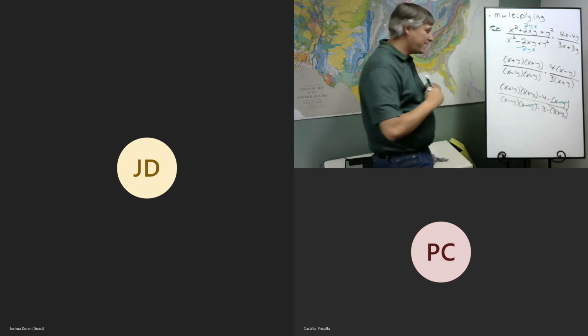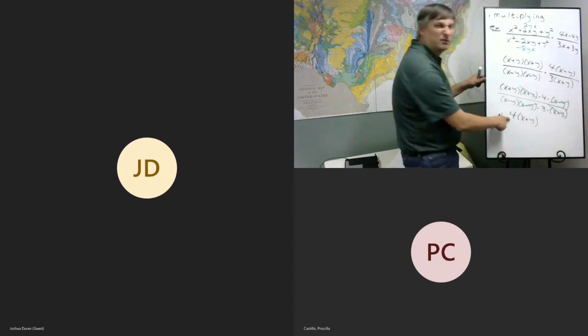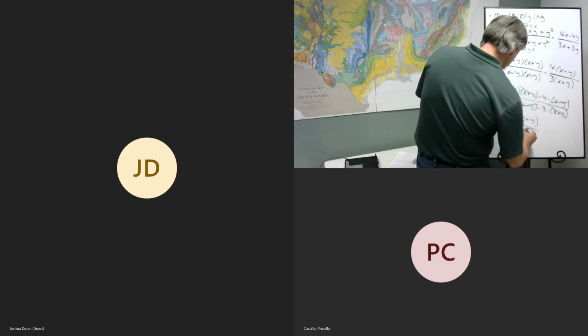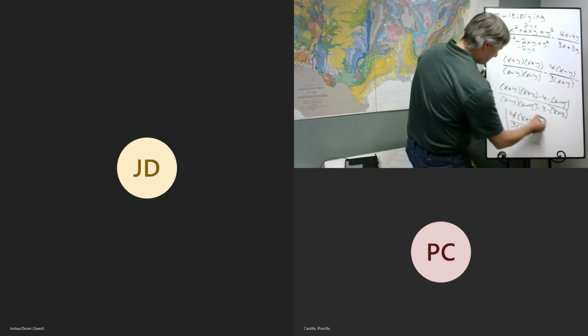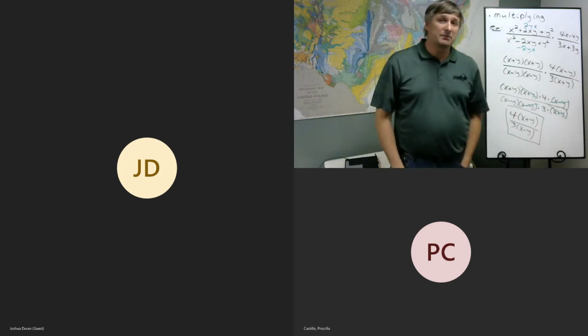So what do we have left? Well, bring out the 4 in front. I'm not going to distribute it. I'm just going to leave it in front. And then the 3, like that. And that's going to be your answer.